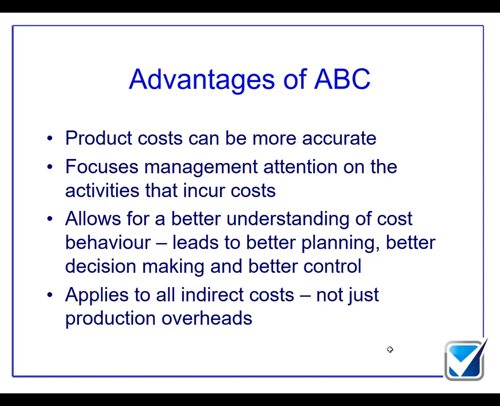It focuses management attention on activities that drive costs. There is a direct correlation there. If management reduce the amount of activities undertaken by the business, then there will be a reduction in the company's overheads.